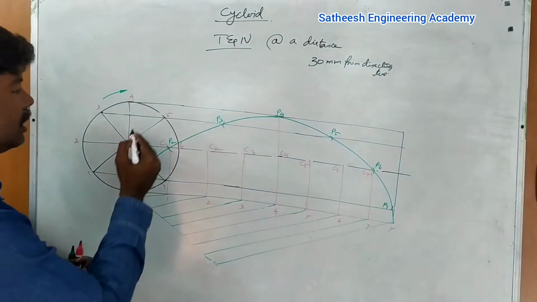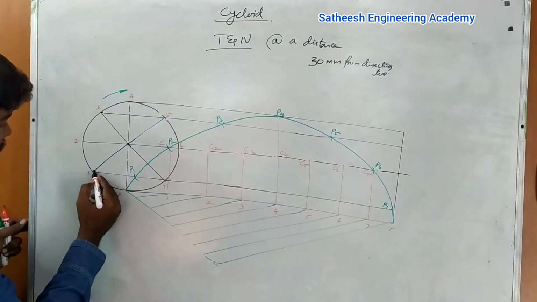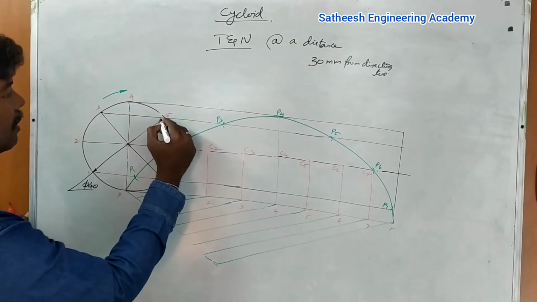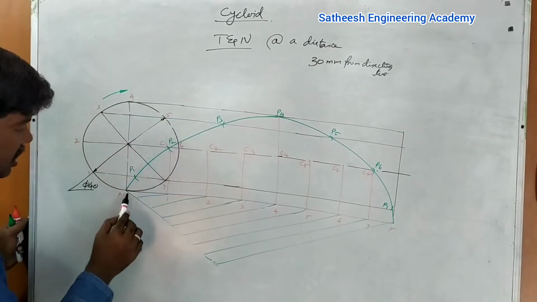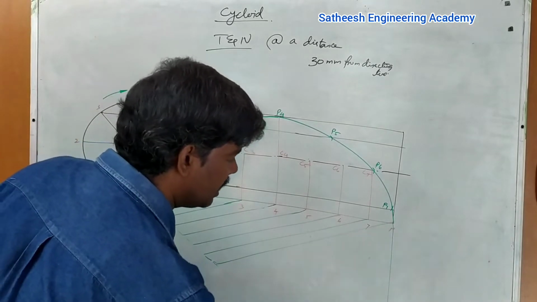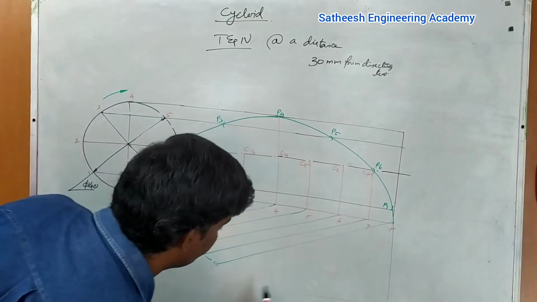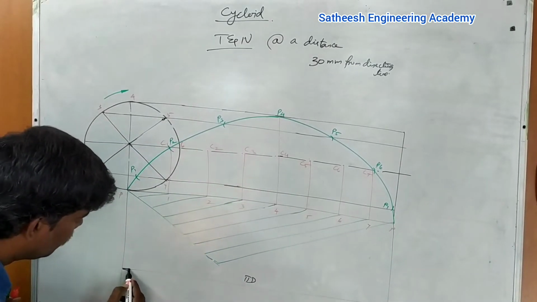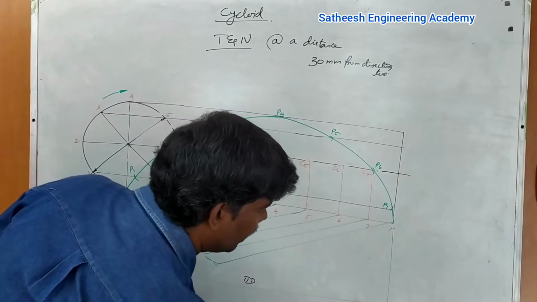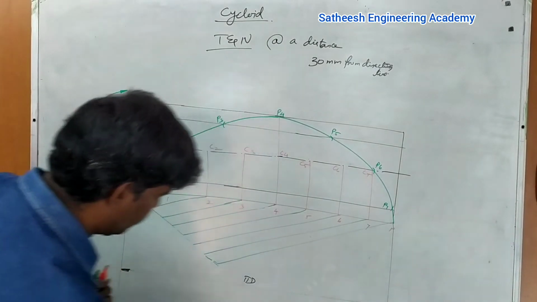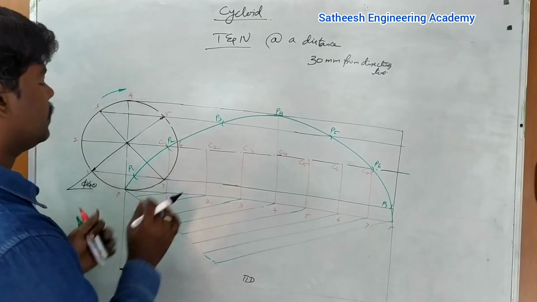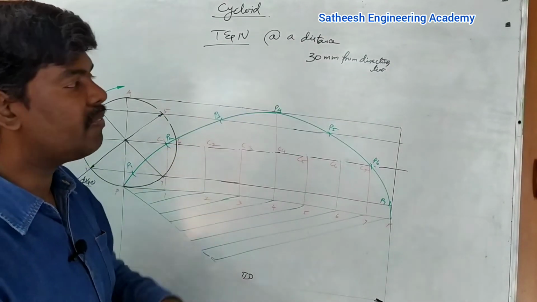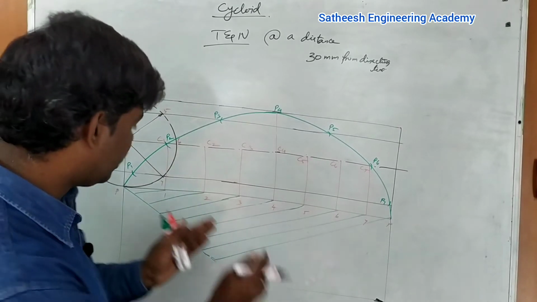Let us assume this is the diameter of the rolling wheel, diameter 40. You know this distance is nothing but pi d. So with diameter 40, draw a tangent and normal at a distance 30 from the directing line.